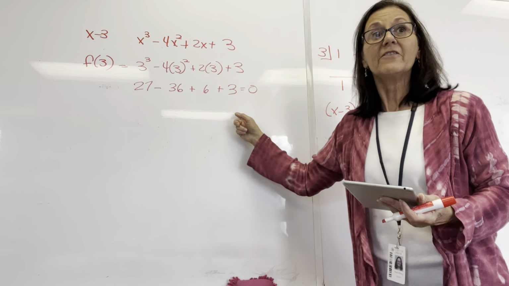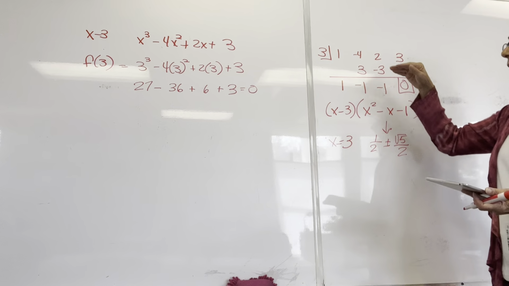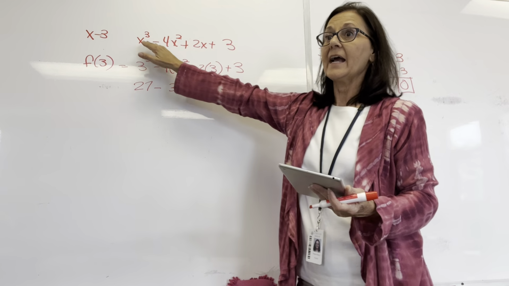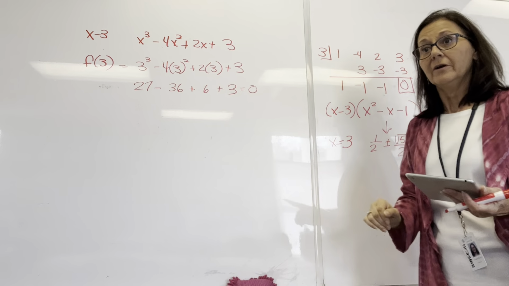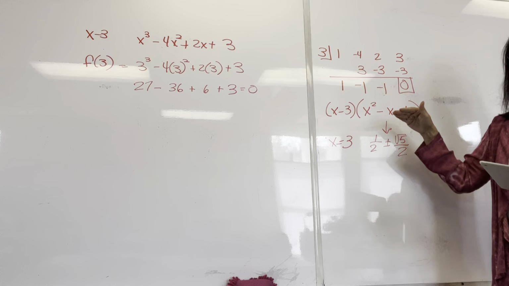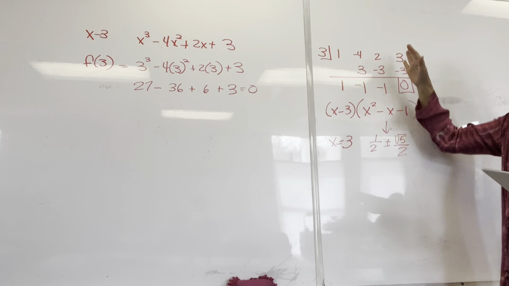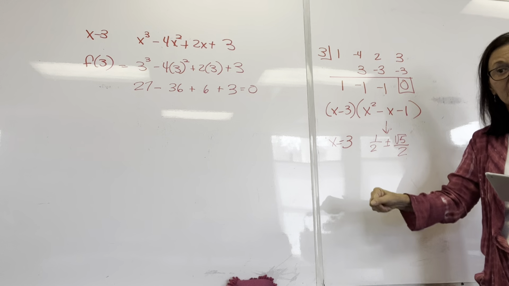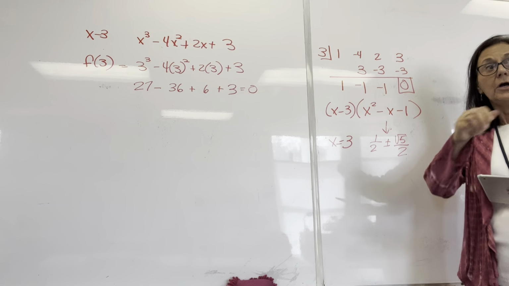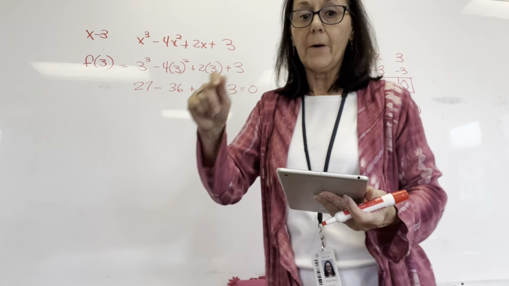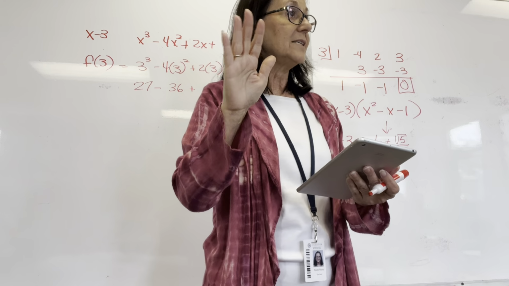So once I know it's a factor, I can do synthetic division. And instead of having an x cubed, I now have a linear term, and I have a second degree term. I want to continue using synthetic division to get it to a second degree term to completely factor it and get the original polynomial and get all my x-intercepts.